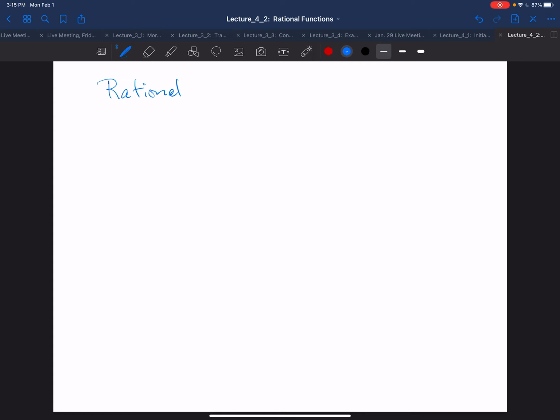So in this lecture we're going to define rational functions and define some terminology associated with them. Well, a rational function is simply a function that can be represented as a ratio of polynomials.